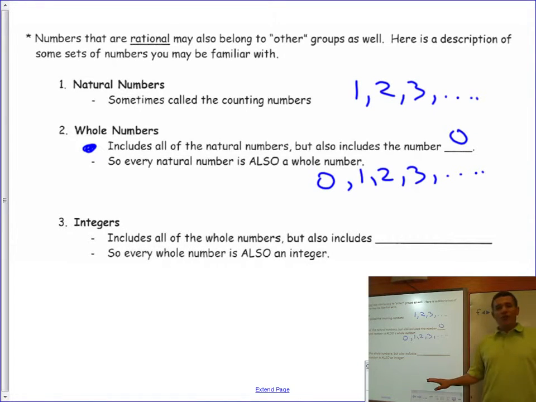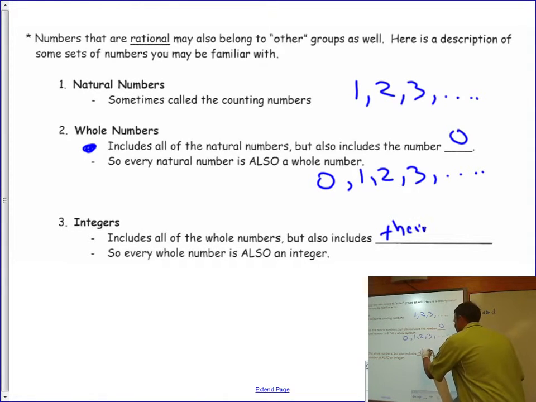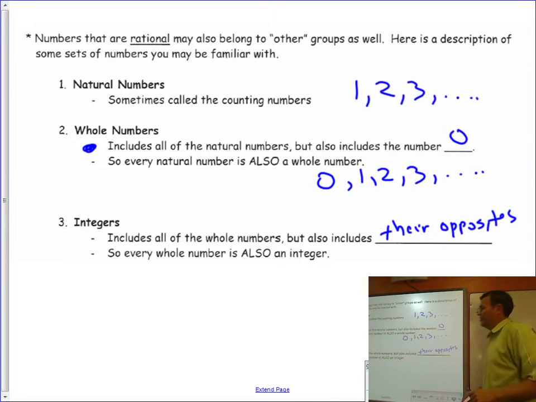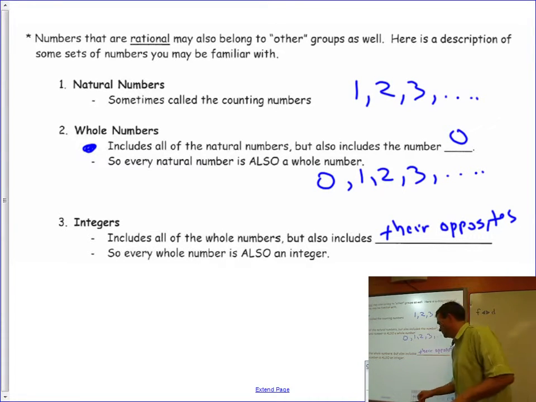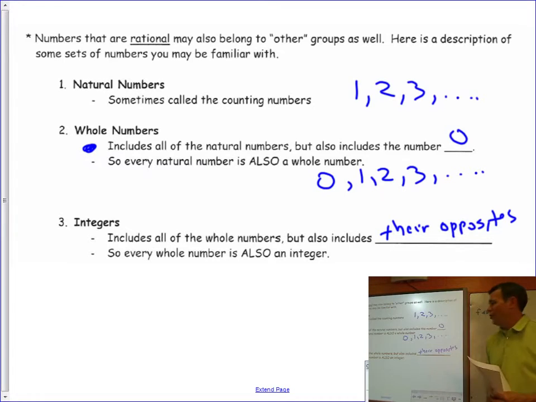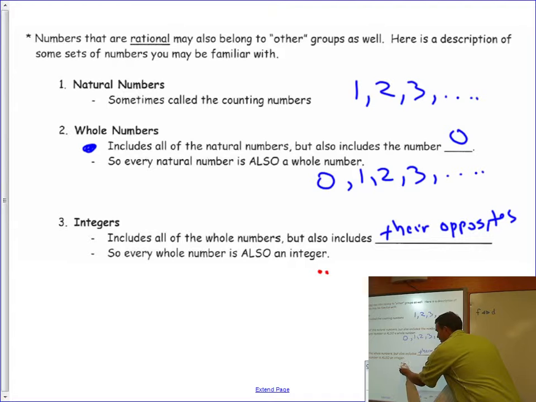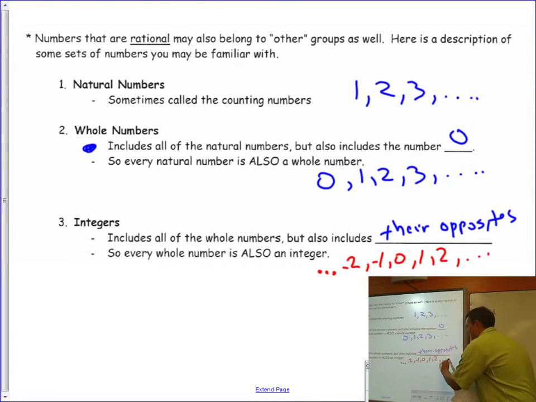Integers include all the whole numbers and their opposites. Or you might say they include all the whole numbers and the negatives. So every whole number is an integer, but also the negatives. They go in both directions, all the positives and all the negatives.